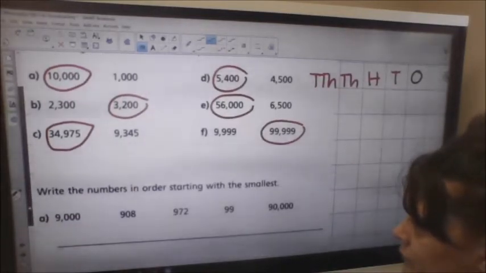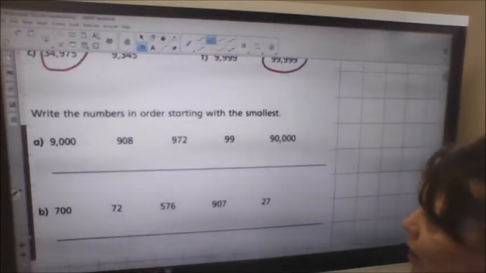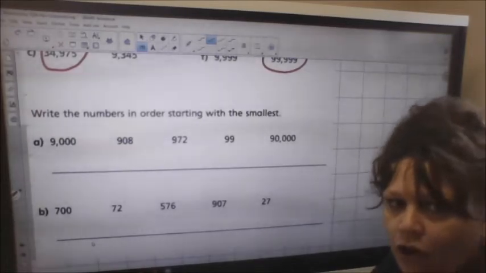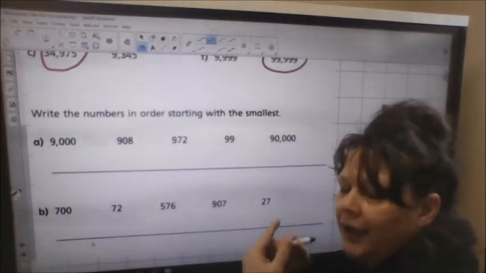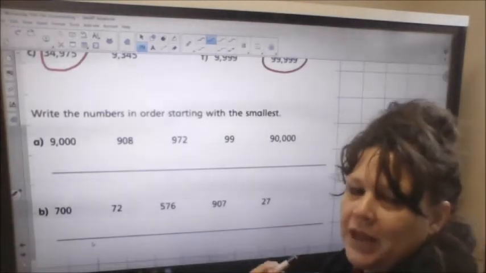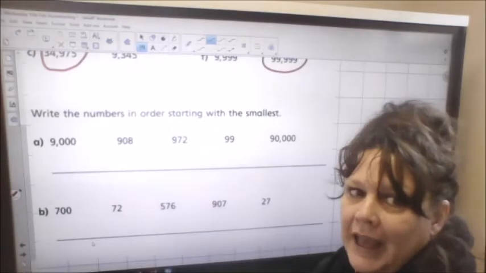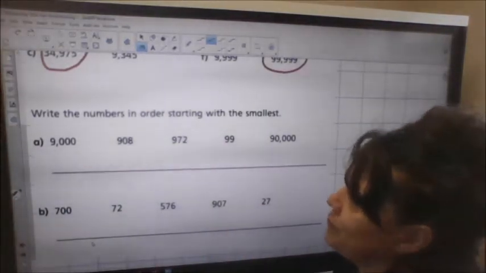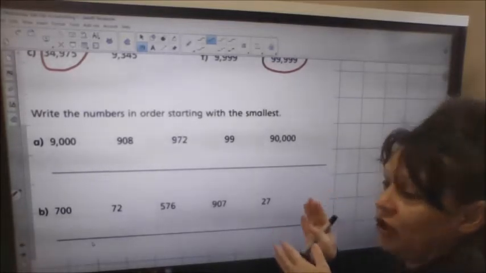Okay, so just a couple of little questions before you get on to your task in your book, just to see if you've really got to grips with the value of numbers, the digits in the number. You've got some numbers here, and you have to put them in order, starting with the smallest.